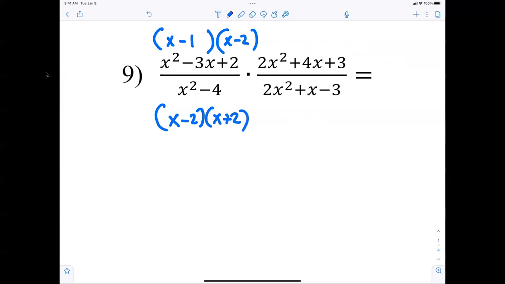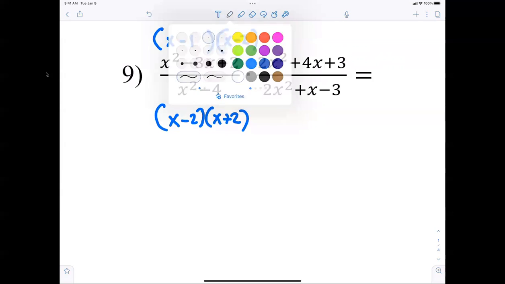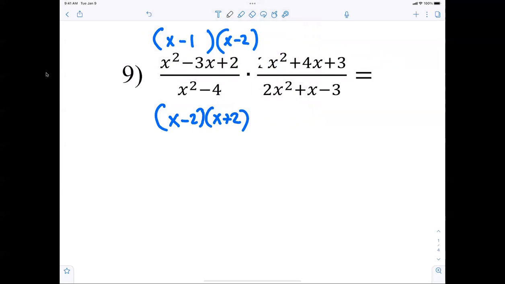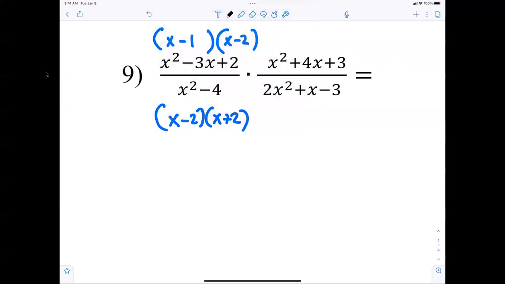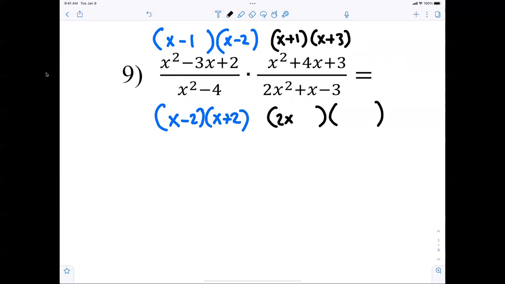Now, this one is bad too, guys, sorry. There's no 2 here. It wouldn't be able to factor, okay? So just erase that. All right, so now let's see what happens. So that becomes a what? x plus 1, x plus 3. And then the bottom becomes, what is it? 2x minus 3.